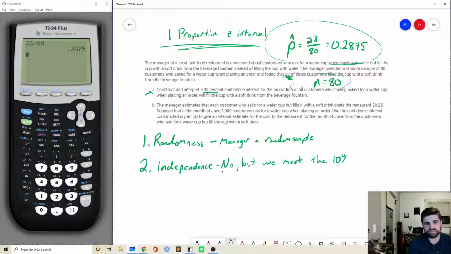The 10% condition says that if our sample size is 10% or less of the whole population, then we don't really care about independence because the difference in the calculations is just going to be so small that we don't care. So we're going to assume that 80 is nowhere near 10% of all customers coming in, right? So we're going to assume we've met the 10% condition.